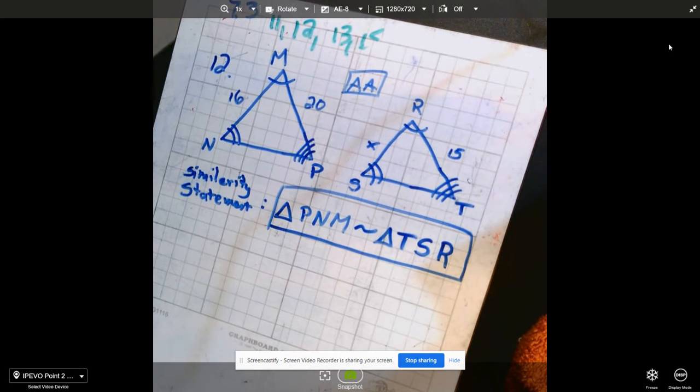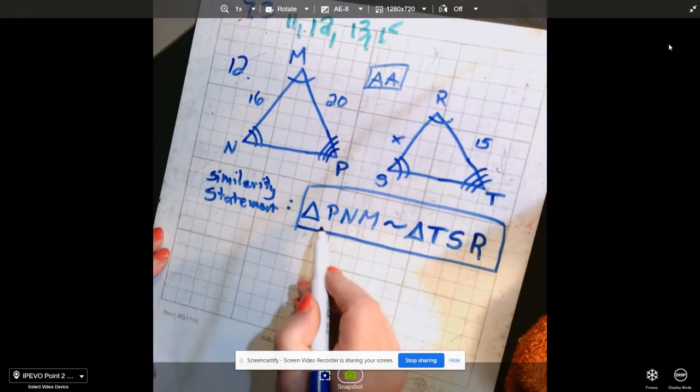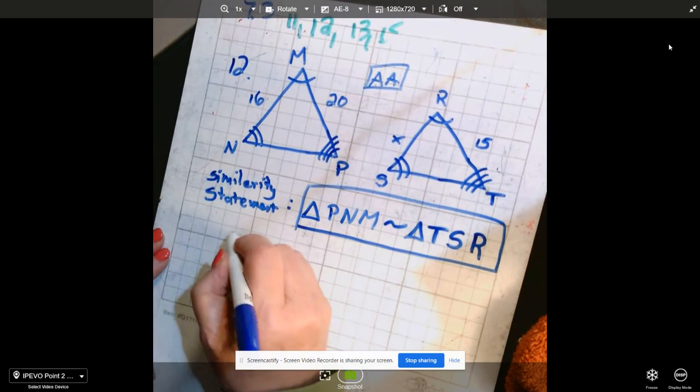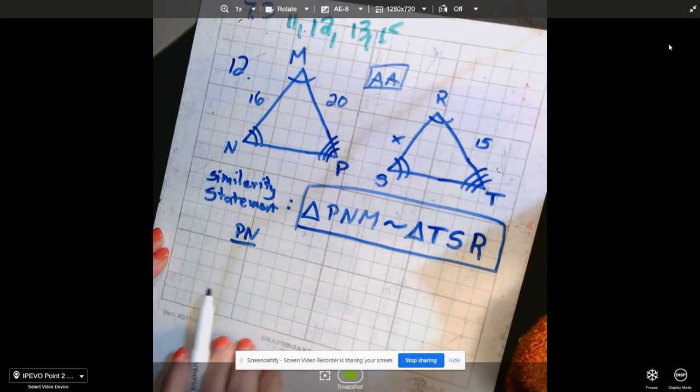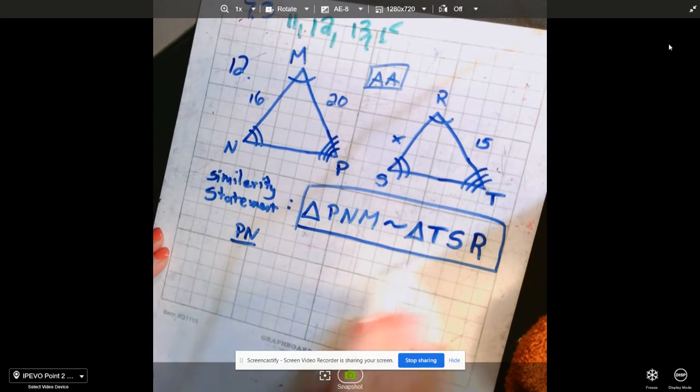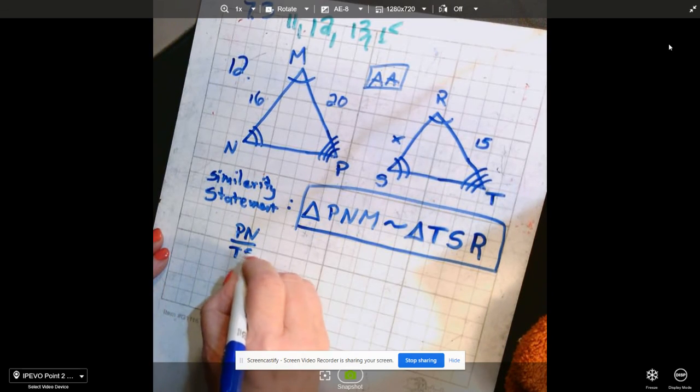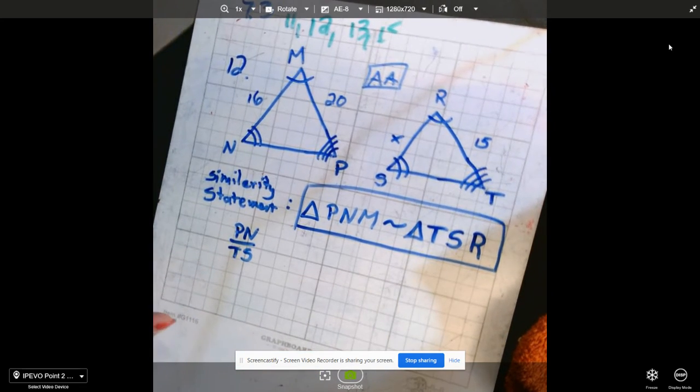Secondly, you can use your similarity statement to write a ratio of the sides. So the first 2 letters, PN, that side will have to have the same ratio as TS. So this is a ratio, side PN to side TS.